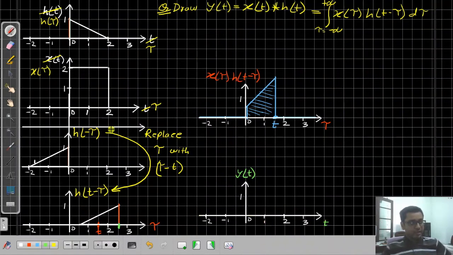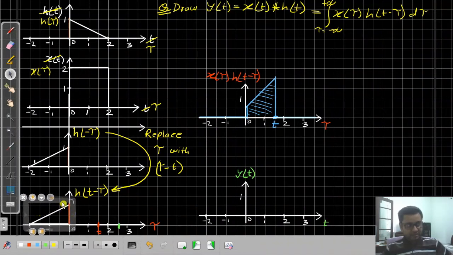Okay, so for that you observe, if time is less than 0, somewhere here, then to find the output we have to keep this signal somewhere here, and then h(t minus tau) and x(tau) have no overlap, no common portion.